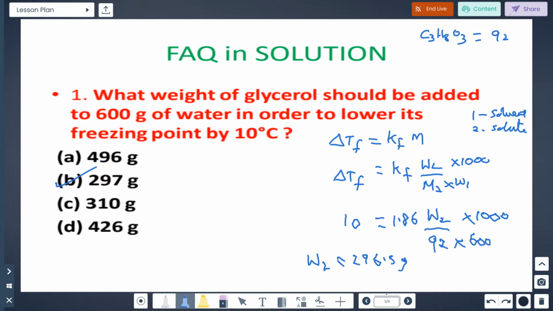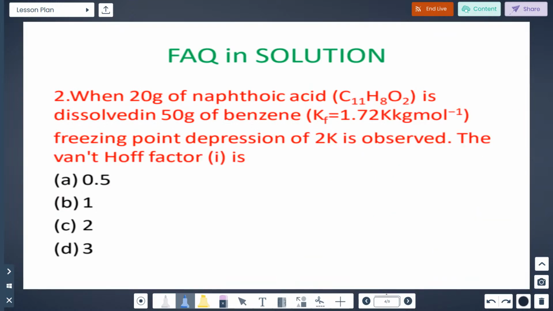Now let us go to the second sum. This is also similar to that sum. See here, when 20 gram of naphthoic acid, the formula is given, is dissolved in 50 gram of benzene, the 20 gram is the solute, 50 gram is the solvent.